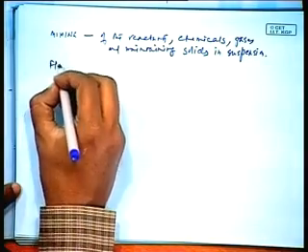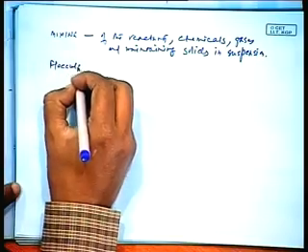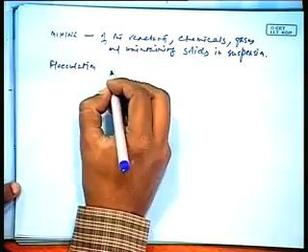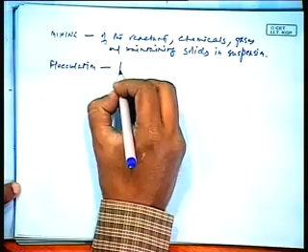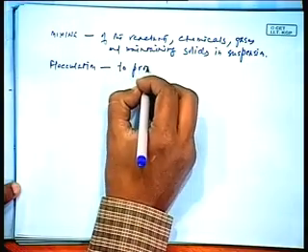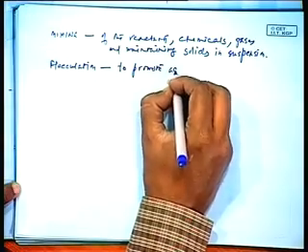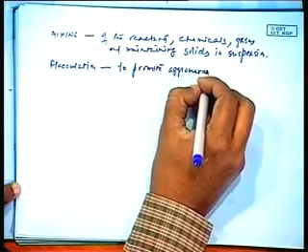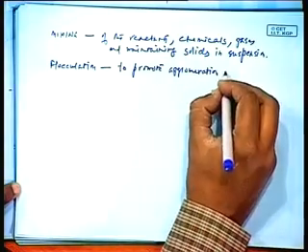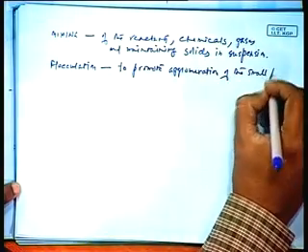Flocculation is another greatly important process, to promote agglomeration of the small particles.